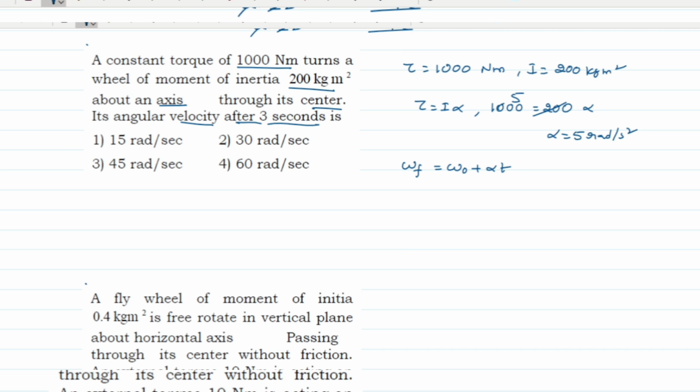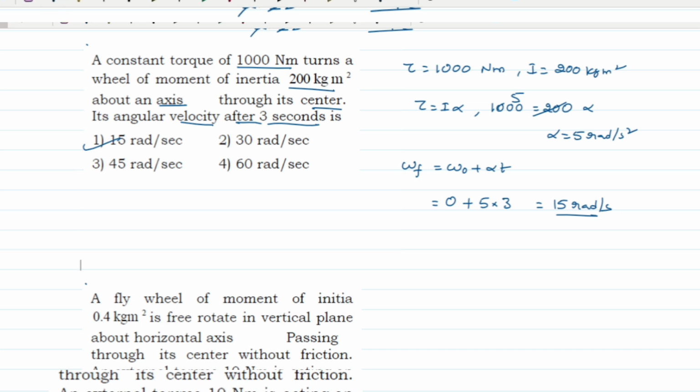Initial angular velocity will be 0 plus alpha, which is 5, into time 3 seconds, which is 15 radian per second. This is the final angular velocity. Let us see the next question.